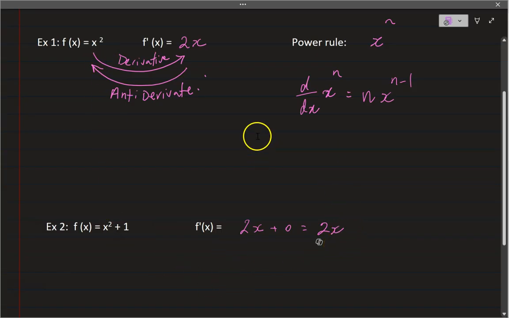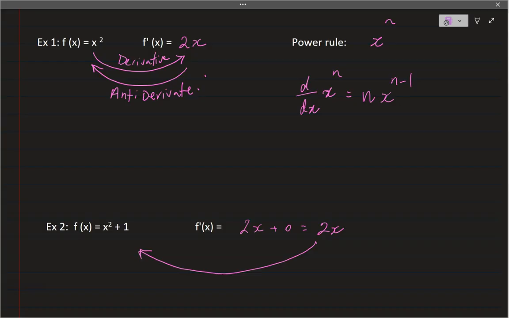Now, this is the derivative, right? So we got the derivative. Well, what if we want to go back? Can we go back and get x squared plus 1 by doing the antiderivative of 2x? With the derivative, you only have one derivative of a function. You don't have another one. It's very unique.